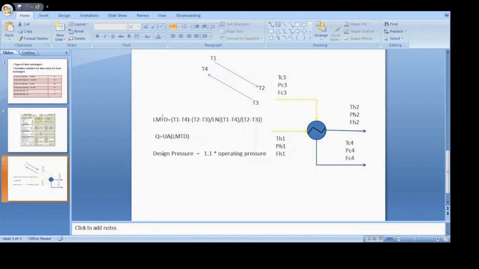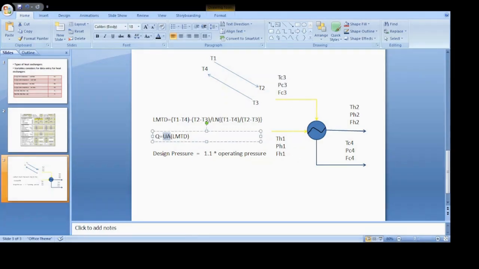By calculating this LMTD, we need to find out this UA factor if it is not available in the data sheet. So these are the most important parameters we need to consider while doing the simulation.